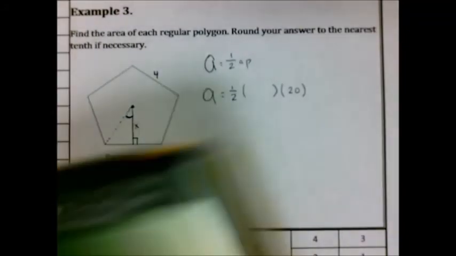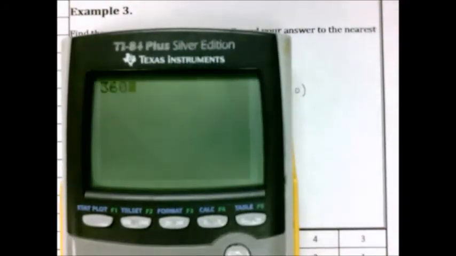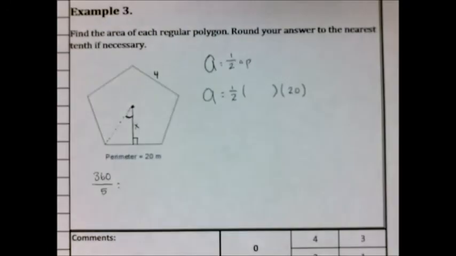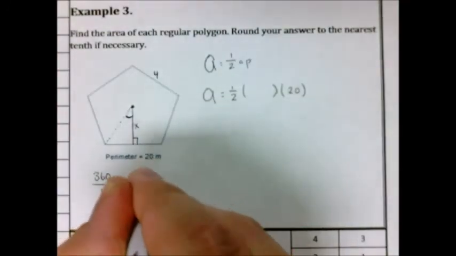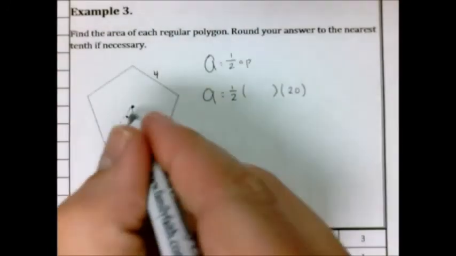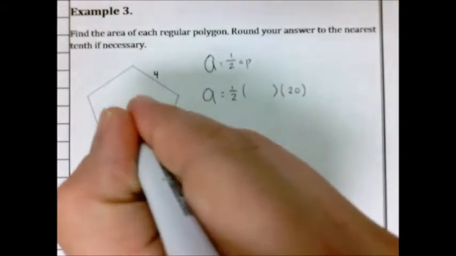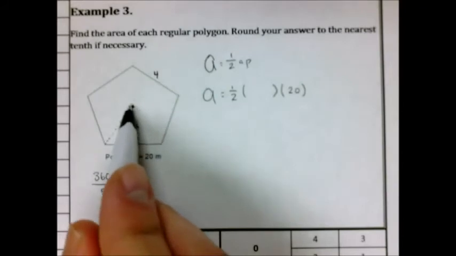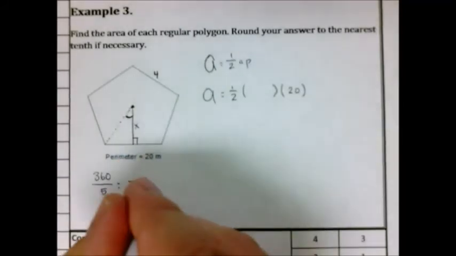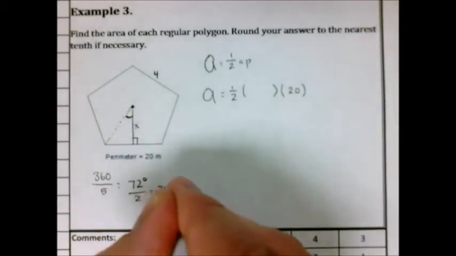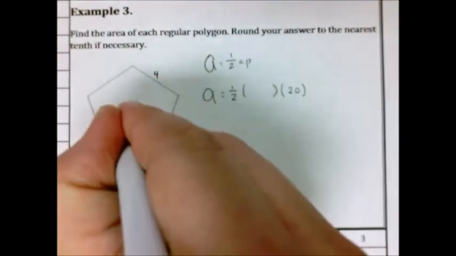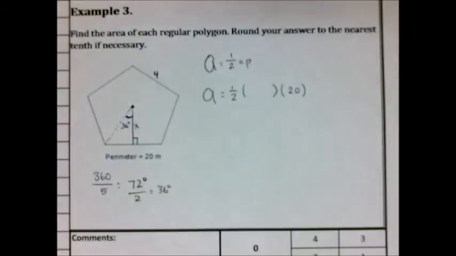We can use our calculator to make sure, and that's 72 degrees. That's saying that the full angle is 72 degrees. We only want to know what half of that is, so if we divide that by 2, we get 36 degrees. So this angle right here is going to be 36 degrees.